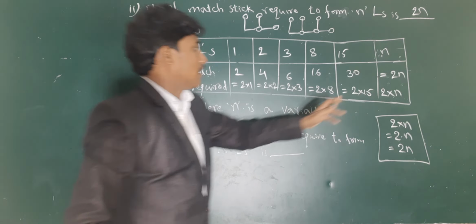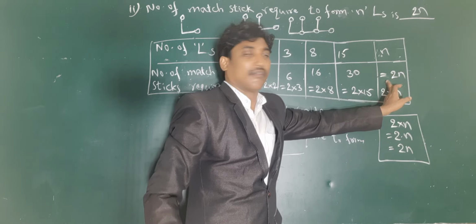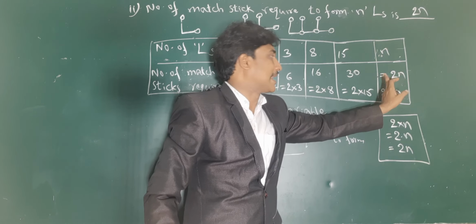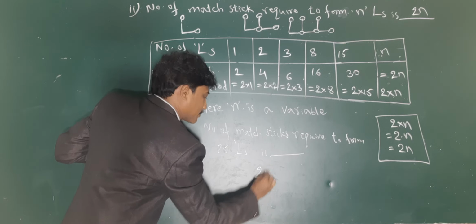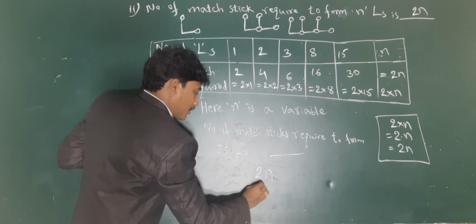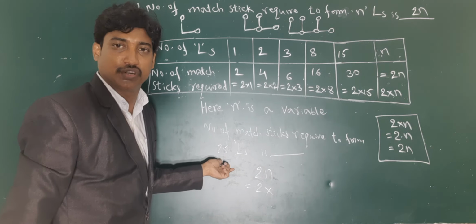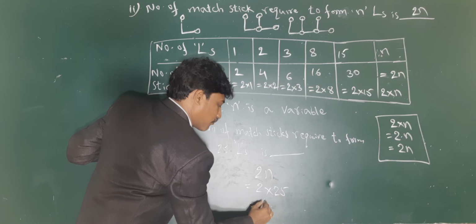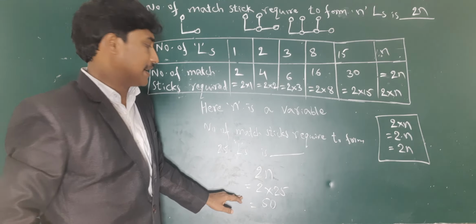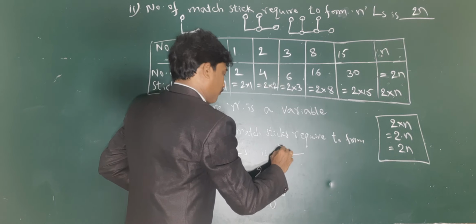We have, for n, the number of matchsticks required is 2n, so we can use this expression. 2 into n: in the place of n we can substitute 25. 2 into 25 is 50. So the number of matchsticks required is 50.